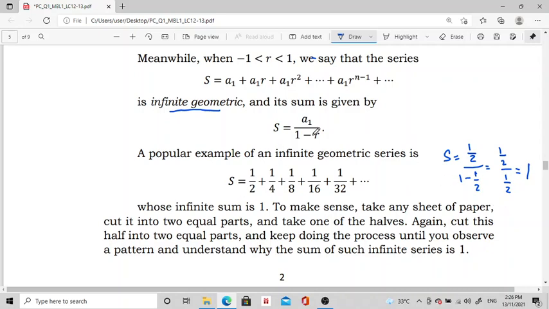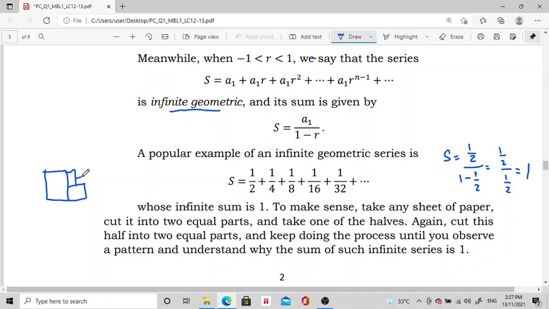Pero, aside from using this formula, it makes sense din naman if we are going to make use of any sheet of paper para i-draw itong nangyayari dito. Imagine we have 1/2 sheet of paper. And then, dadagdagan natin siya ng 1/4. So, ganito. And then, dadagdagan natin ng 1/8.